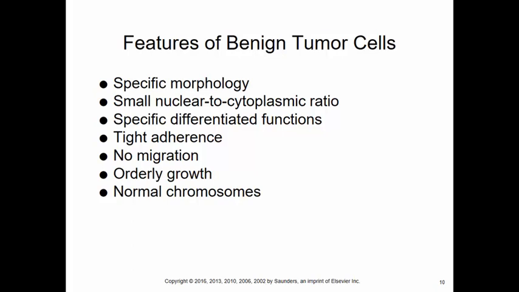And the picture of that is in your last lecture, where hyperplastic expansion is essentially a larger size, but the cells are the same size. So a larger volume of cells because maybe there's a larger number of cells, but the cells themselves aren't big. And then we also see normal chromosomes in most benign tumors.